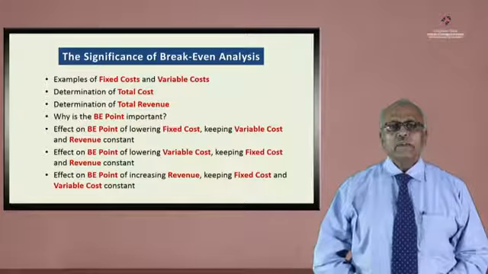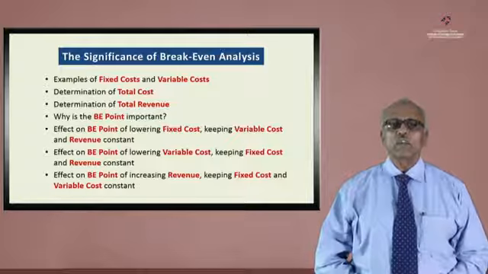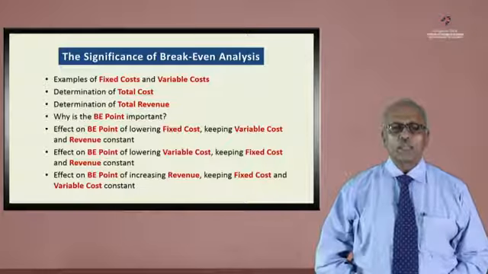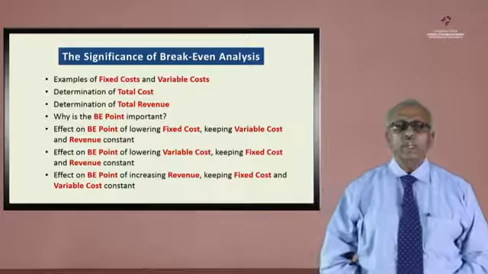We will look at how the total cost, which is the sum total of the variable cost and the fixed cost, and the total revenue intersect to give you the break-even point, and then we will try and understand what is the significance of the break-even point. Towards the end of the lecture, I will take you through 3 variants.